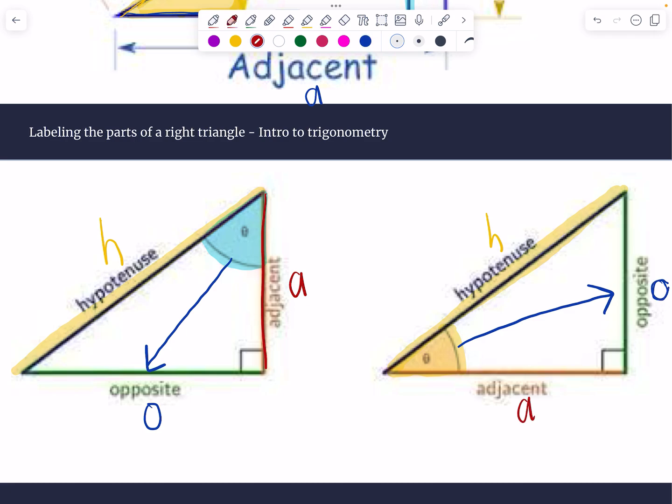So my perspective changes. I kind of look at it like an eyelid. From this blue eyelid, the way that this angle views this triangle, the green piece is opposite. From this yellow eyelid, the way that this person views this triangle, their green is opposite. So the opposite and the adjacent switch, depending on which acute angle you're viewing it from. The hypotenuse always stays the same.